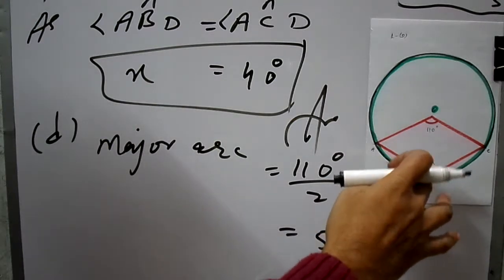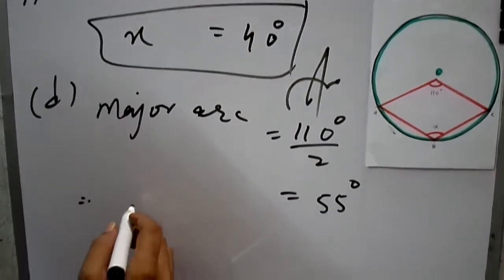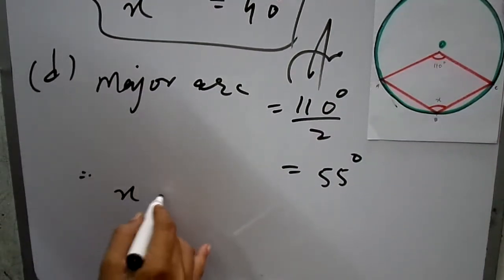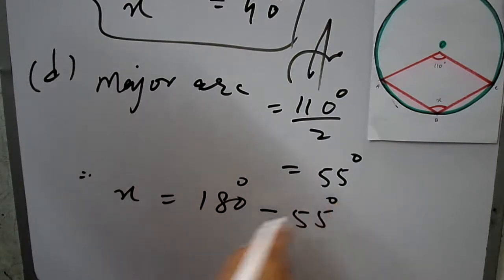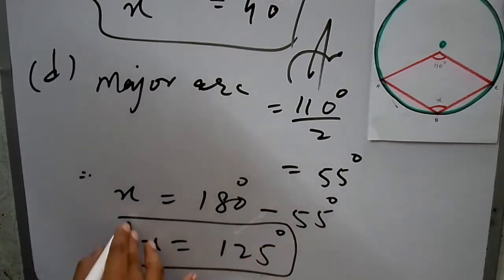Because of the cyclic quadrilateral, because it is a quadrilateral form, x is equal to 180 minus 55 degrees, so you will get 125 degrees. So the value of x is 125.